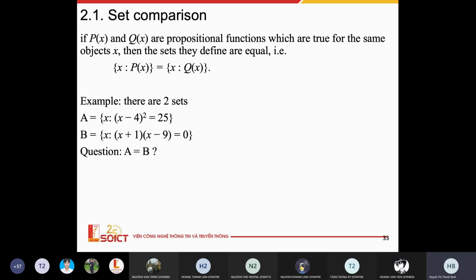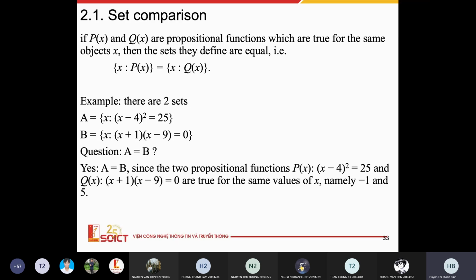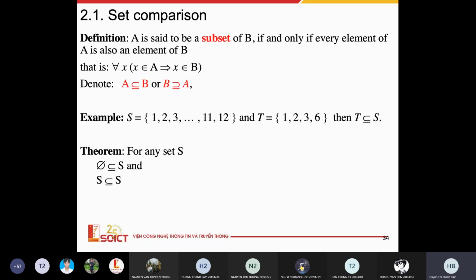If you are okay, we'll move to the next. It's easy for you to understand. A is said to be a subset of B if and only if every element of A is also an element of B, and the red line is the notation for A being a subset of B. Here's an example.